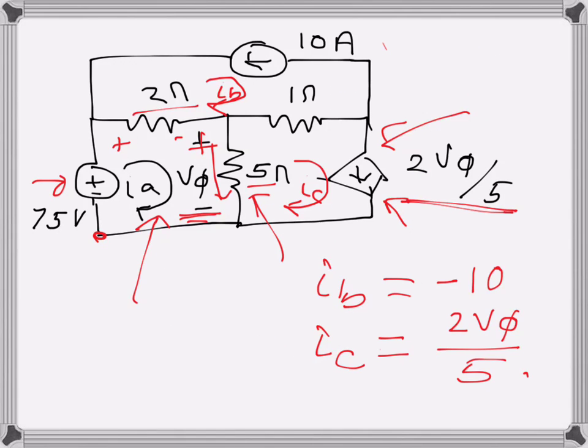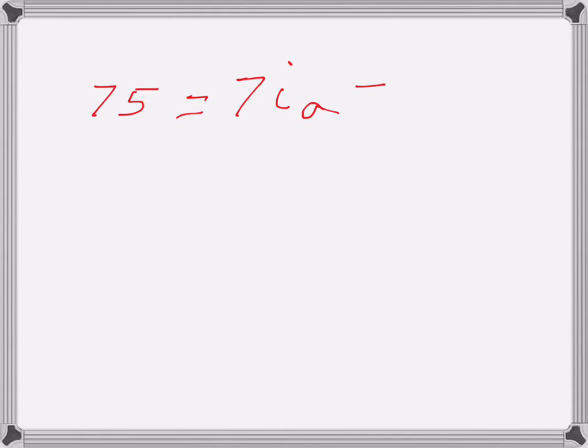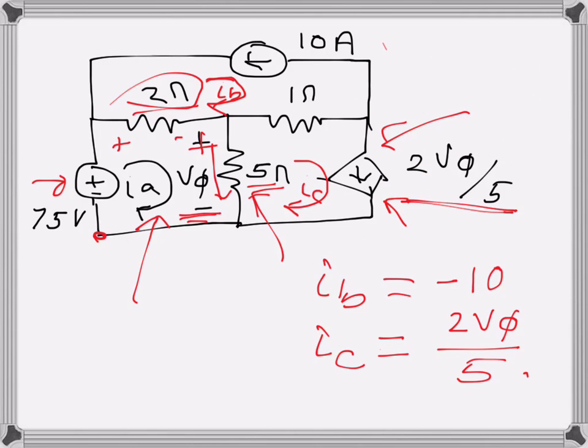Now the current IB will be multiplied by the common resistance between loop A and loop B, which is 2 ohms. Then minus IC times the common resistance here, which is 5 ohms.